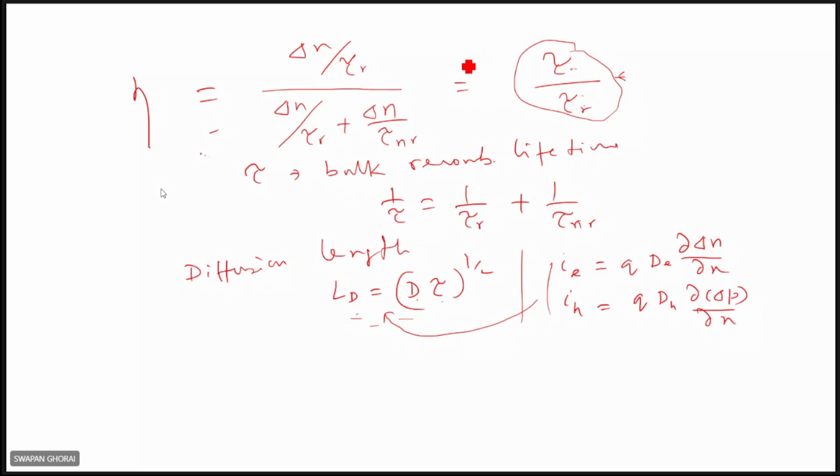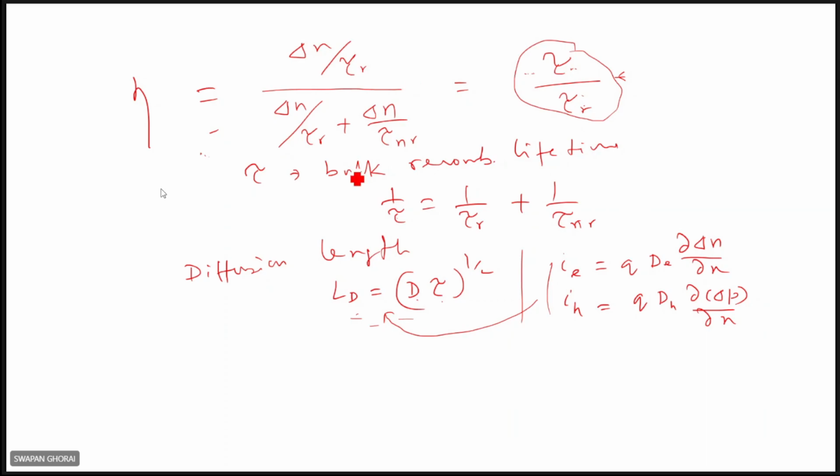Because of several factors, this tau will be reduced. If tau is reduced, then eta will be reduced. So we'll investigate how eta is affected by the effective carrier lifetime, including the absorption within the active regions as well as the layer thickness.